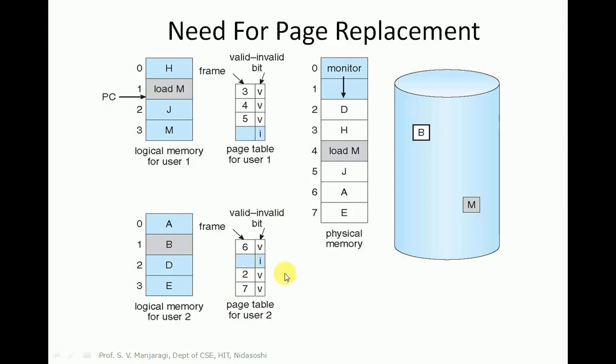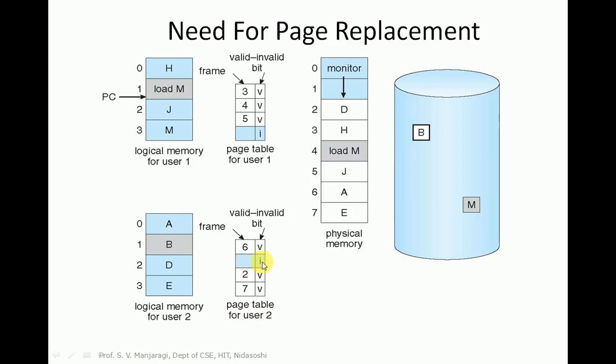It indicates that there is no free frame left in the physical memory. All the frames have been used. The first 2 frames have been allocated to the operating system and the remaining frames have been used by the processes. So no free frame is left for this particular page B, which is why no frame is allocated in the page table and it is marked as invalid.